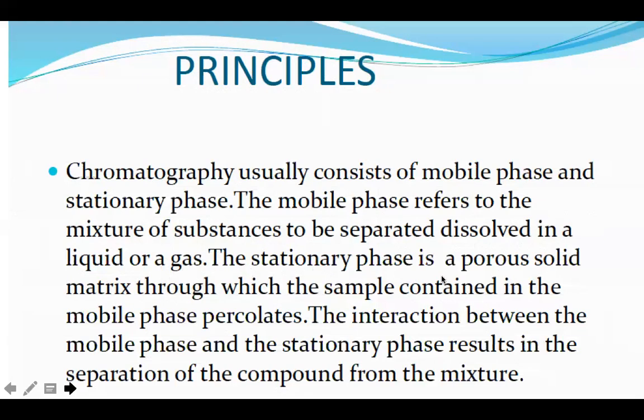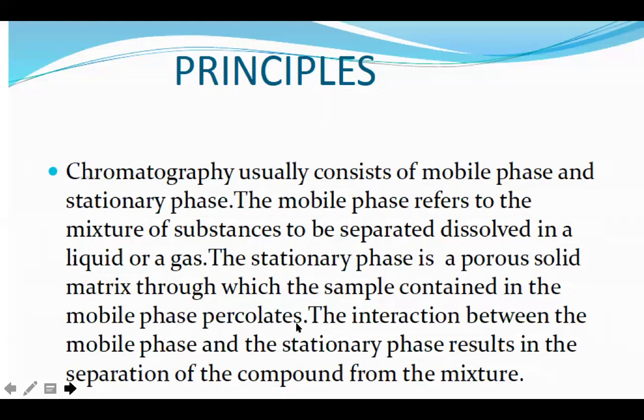The stationary phase is a porous solid mixture through which the sample contained in the mobile phase percolates. This is very important. What is stationary phase? Stationary phase is a porous solid, for example, silica gel and others, through which the sample contained in the mobile phase percolates.